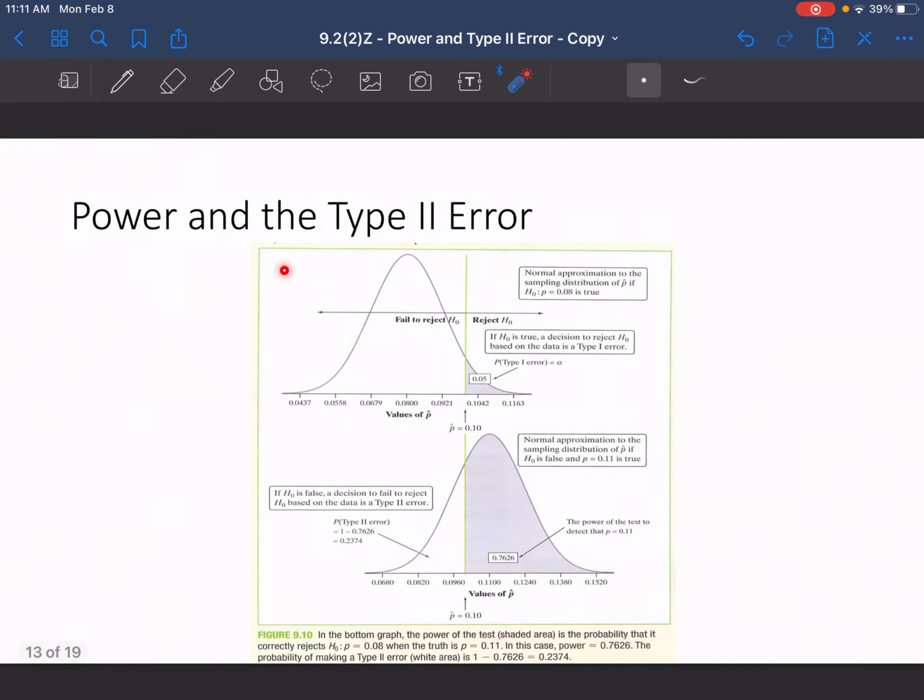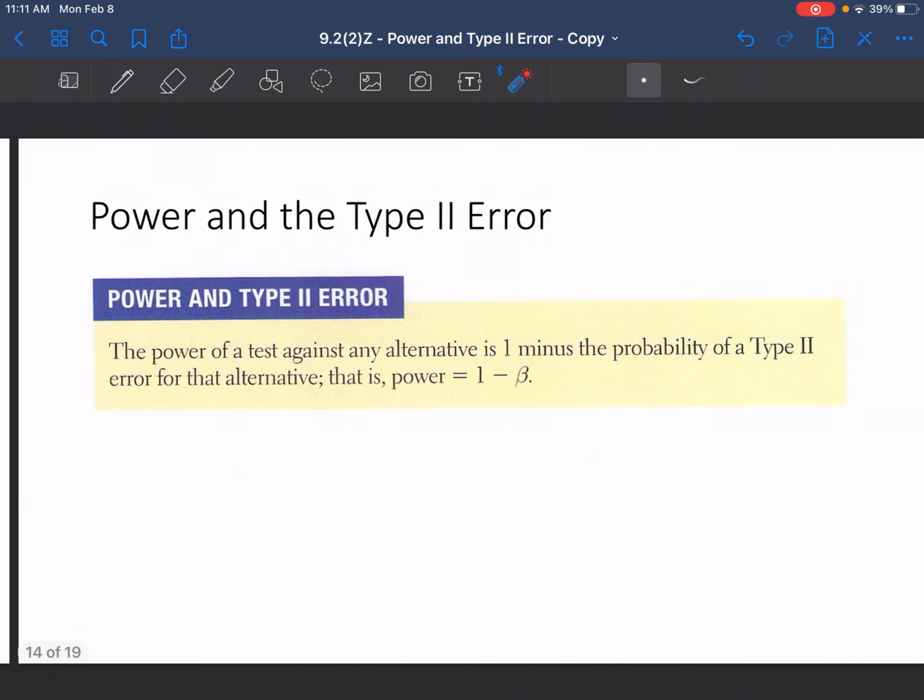We also need to review that the probability of our type 1 error is represented by alpha, right here. So that's represented by our significance level. This is, again, the probability that we reject our null hypothesis when our null hypothesis was actually true.